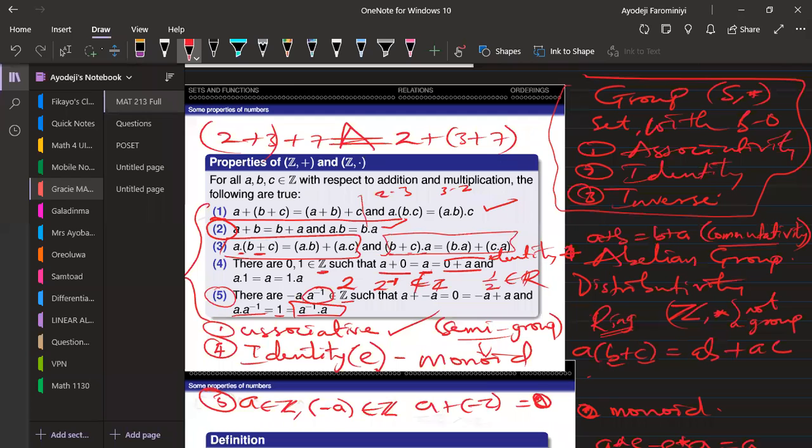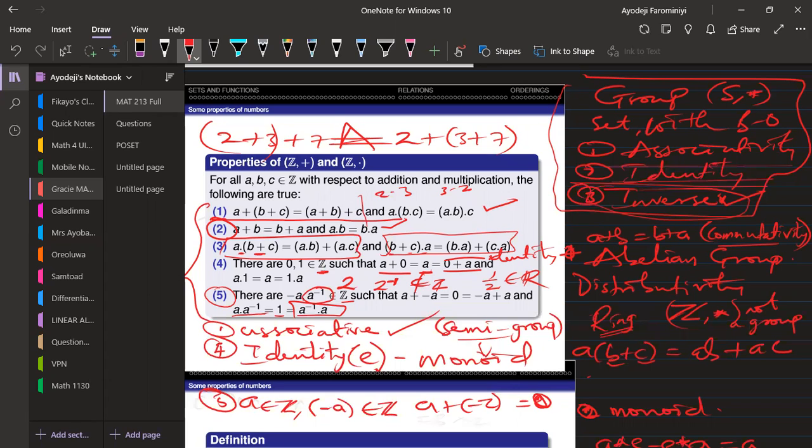Because for it to be a group, there must be an inverse for all elements. Are you following? Yes, sir. So it is only a monoid. It is not a group because it does not have an inverse.